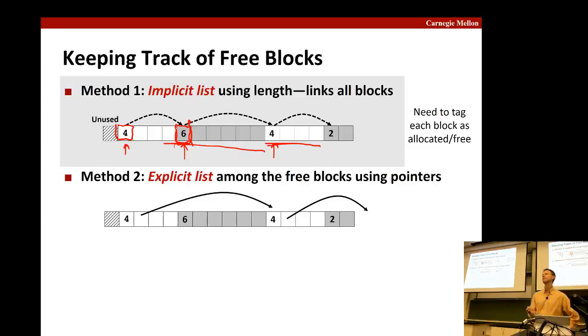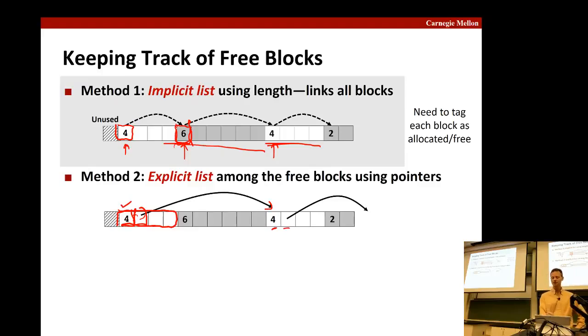In fact, in the first part of your malloc lab, you're going to start off by doing an explicit list. An explicit list avoids a lot of the complications by actually having a pointer. If I have a free block here, it has a length field as I mentioned, and right here it also has a pointer that skips over all the allocated ones and gets you directly to the next free one.